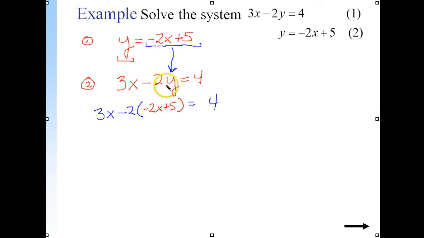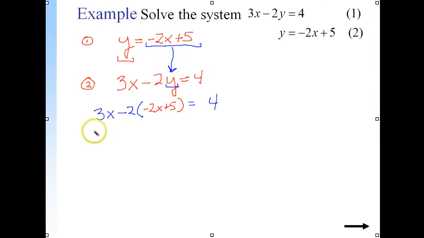So what I've done is where there's a y in the other equation, I have replaced that y with this value in terms of x. So now I have an equation with just one letter, x, in it. It doesn't have the two letters. I have substituted for the y in the second equation what I have in the first equation for y.